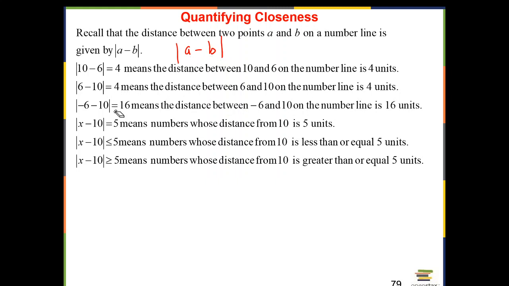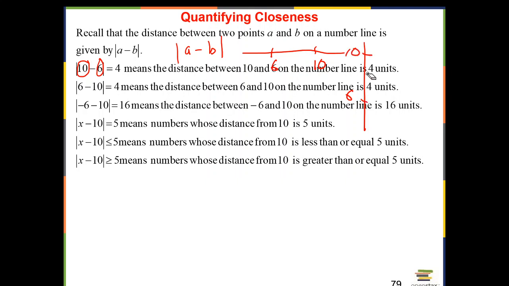So here are some examples. These are obvious. What does this mean? Absolute value of 10 minus 6. It means the distance between 6 and 10 on the number line. So here's 6 and here's 10. That's the distance between 6 and 10. Now if the 6 and 10 are on the y-axis, then that means the same thing.